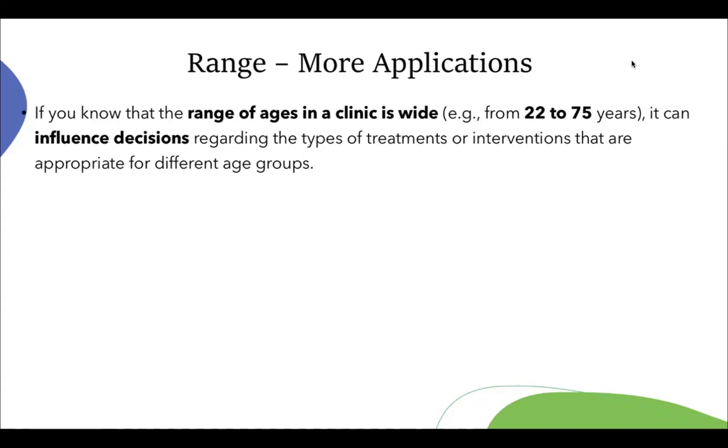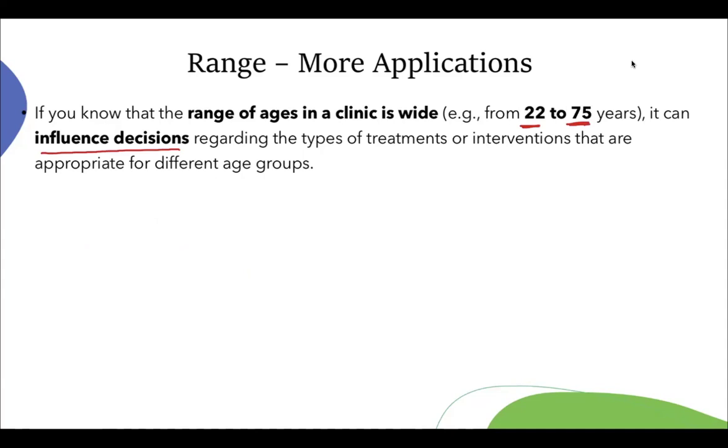You only know how big a span your data measures. So some applications of the range: if you know the range of ages in a clinic go from 22 to 75, your data can influence decisions regarding the types of treatments or interventions that are appropriate for different age groups.